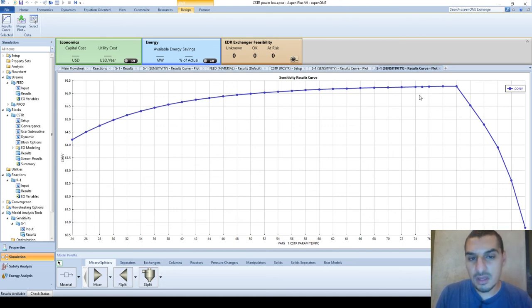I just want you to go back three or four videos ago and revise the equilibrium constant and try to understand why this behavior happens. The increase in temperature increases the rate, but it doesn't increase the equilibrium conversion, because you reach the maximum conversion and cannot exceed it.